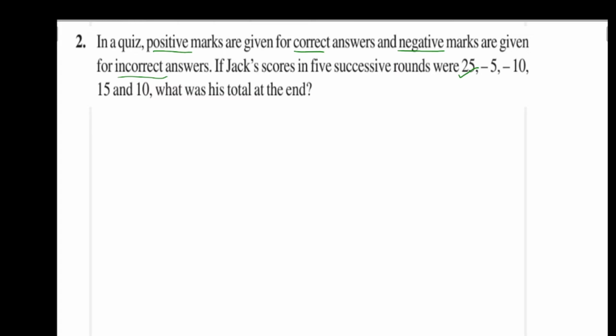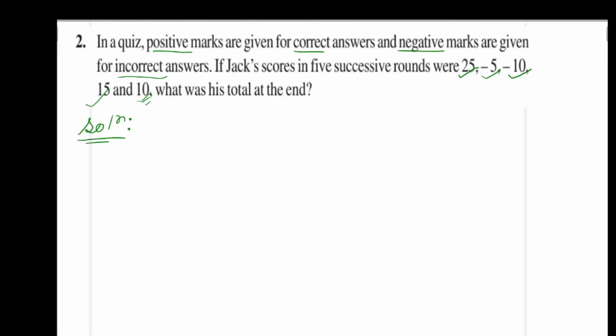That means he has answered correctly. Minus 5 means his answer is incorrect. Here also incorrect, correct and correct. So, total 5 rounds completed. Then what is the total at the end? Okay. So, how to write?